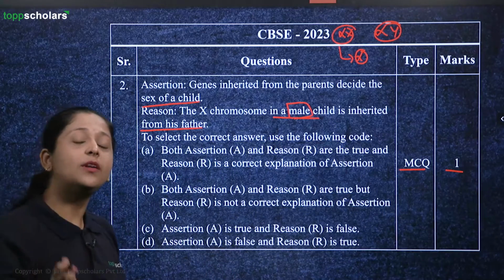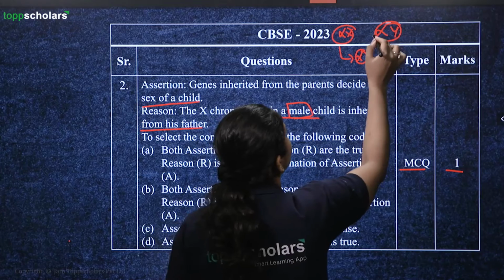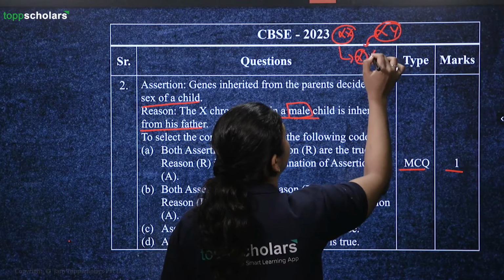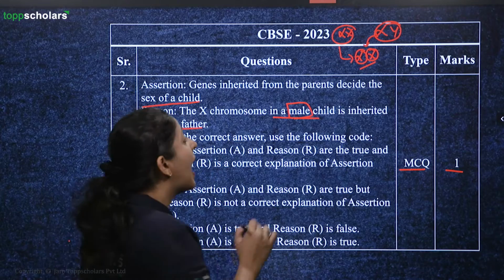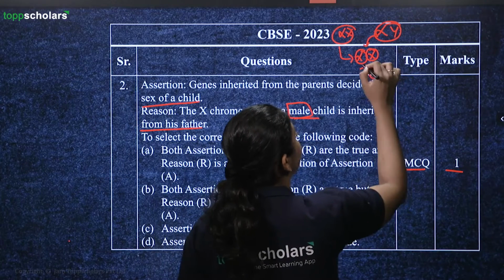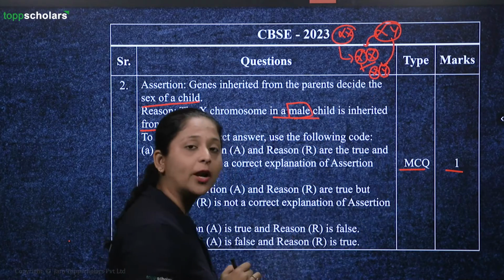The mother can only provide the X chromosome. If the X chromosome comes from the father, then it will be a female child. And if the Y chromosome is coming from the father, then it will be male.